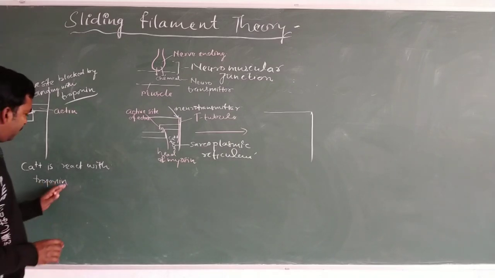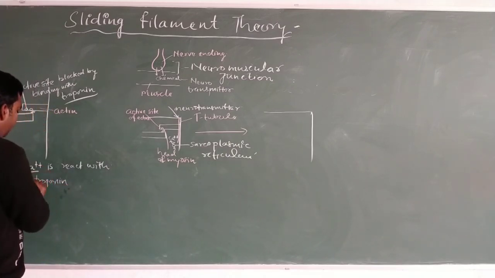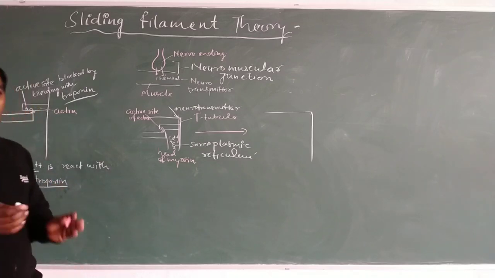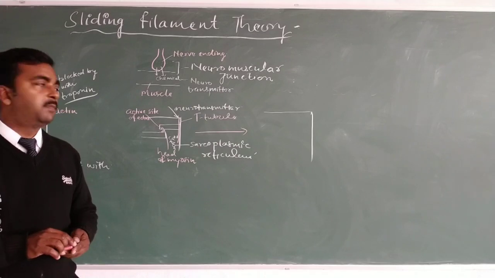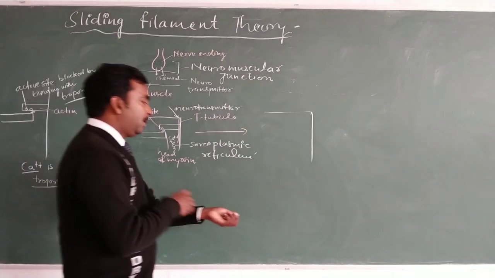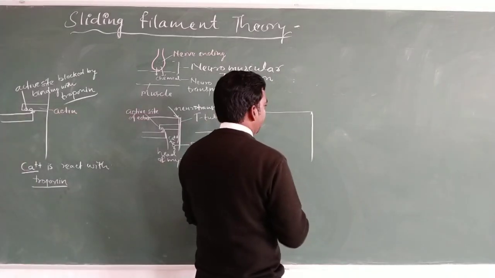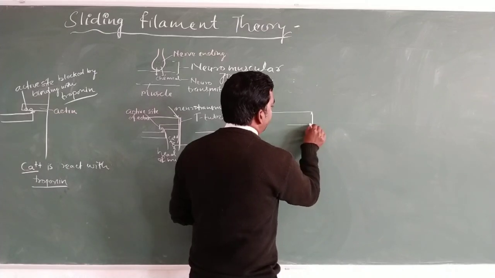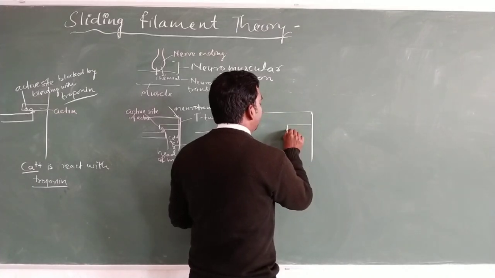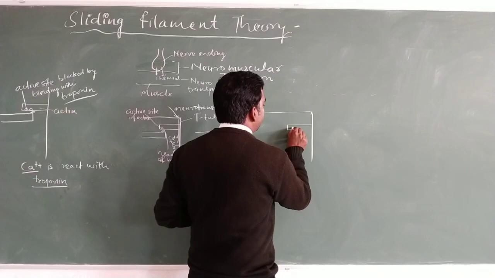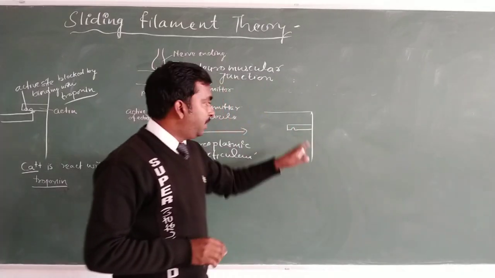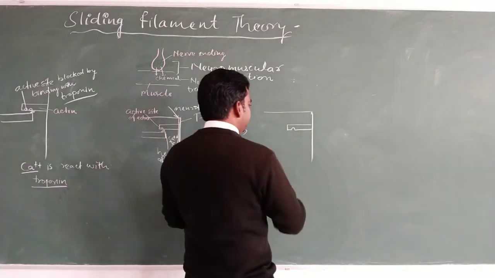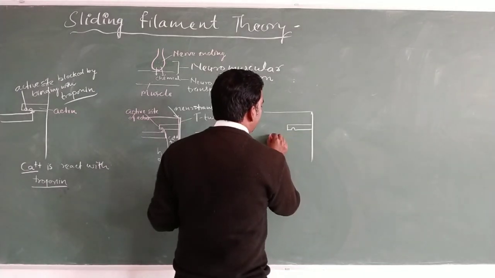After the reaction of calcium ion and troponin, the troponin is removed from the active site of the actin filament. Then the active site of the actin filament becomes free, so here it is represented as the free active site.